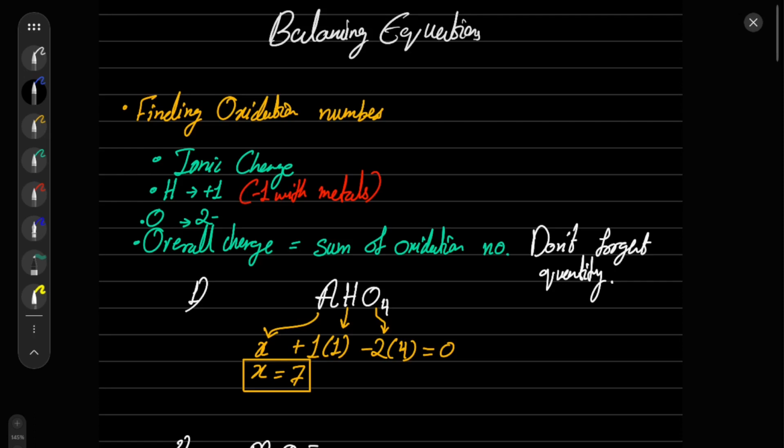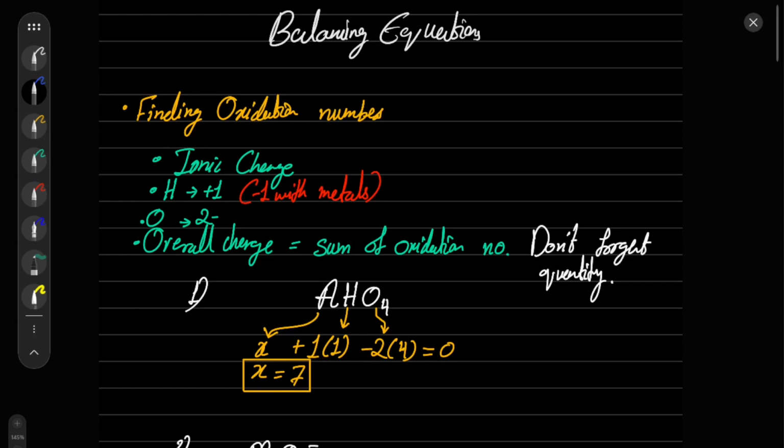One of them is that if you know the ionic charge of a substance within a compound, then that substance's oxidation number is the same as its ionic charge. Similarly, hydrogen in a non-metallic or covalent substance will have an oxidation number of +1.